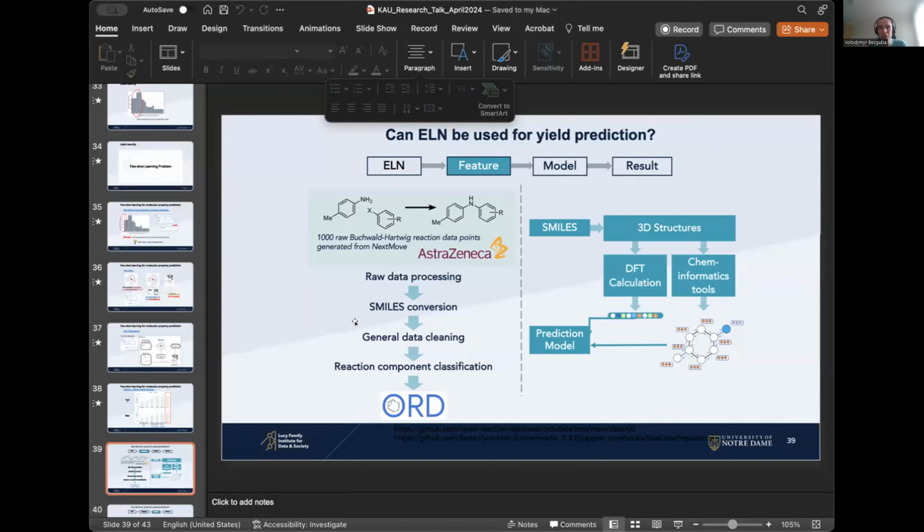Yeah. This one. So this SMILES procedure, these 3D structures, is this just raw data which already exists?